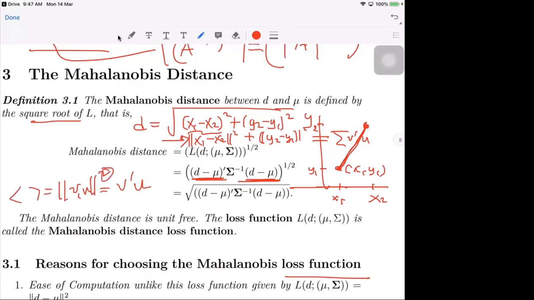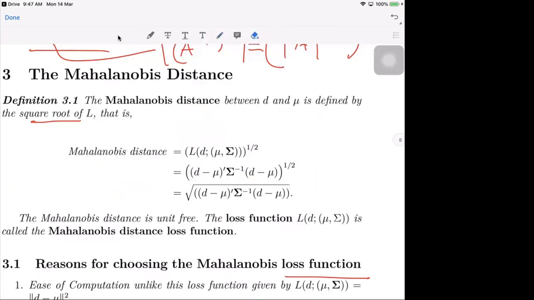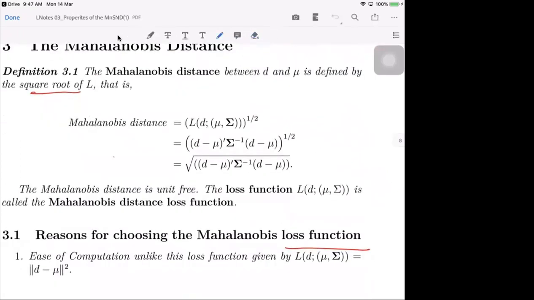If there is no square, then you take the square root. Okay? So the length of the vectors, distances. So actually, this is just the norm of D and U.